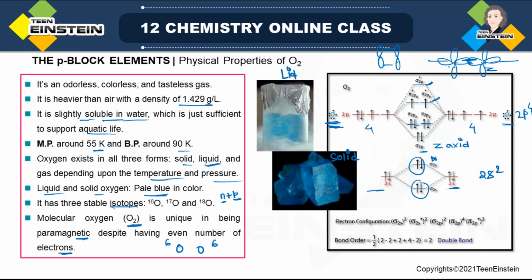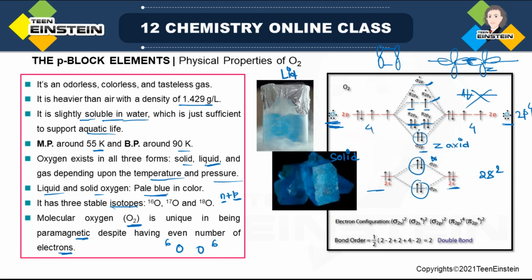Okay, but come to the actual point. If we arrange 8 electrons, this is one pair. In pi it will occupy a total of 2 electron pairs. Now you have only 2 electrons left, but according to Hund's rule you have to place 1 electron in each orbital. You cannot write it like this, this is not correct.